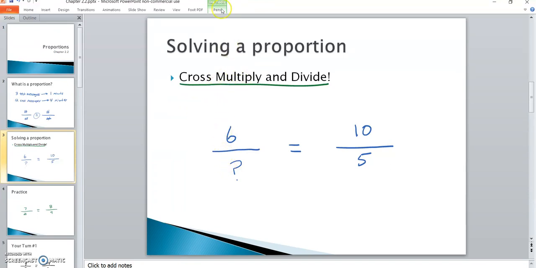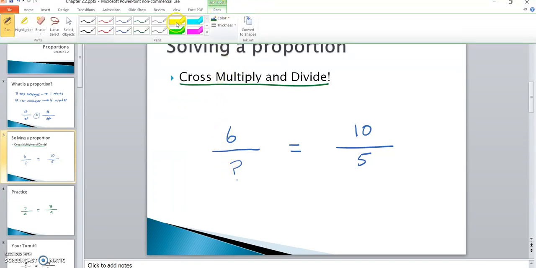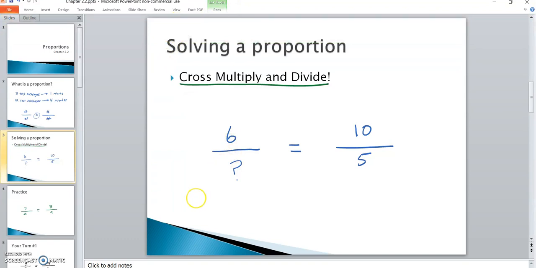So what I want you to do is write this question on your note page. So go ahead and pause the video and write this down. Okay, so now what I want you to do is draw a line around the 2 numbers that are diagonals from each other.